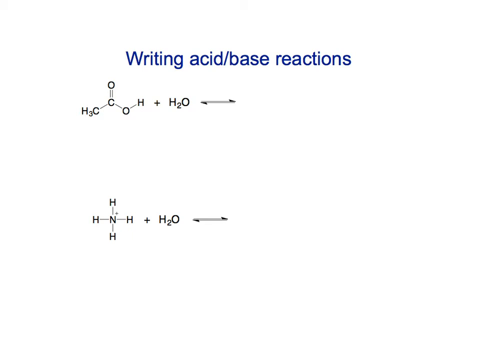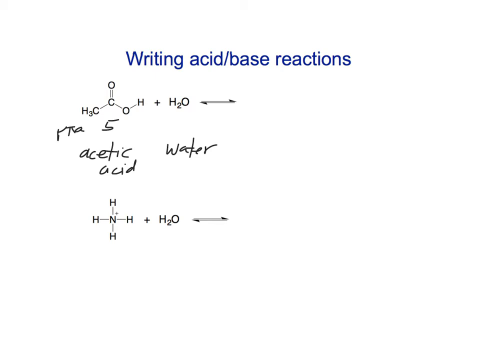In the first example, we have the reaction between acetic acid and water. We need to know something about the pKa values, or the acid strengths, for these two molecules. If we go to our general table, we would find that the strength of carboxylic acids is usually around 5.